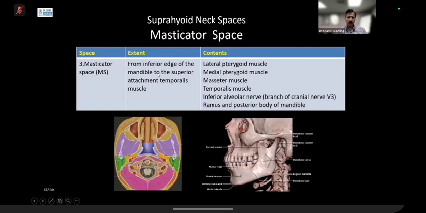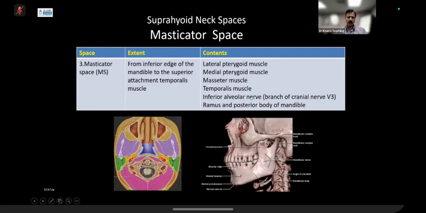Now, masticator space, it extends from inferior edge of the mandible to the superior attachment of temporalis muscle. So the temporalis muscle goes and it attaches to the skull, of course. So you can see that masticator space involves all of this region. The major contents include the muscles of mastication, the lateral pterygoid muscle, the medial pterygoid muscle, the masseter muscle, the temporalis muscle.